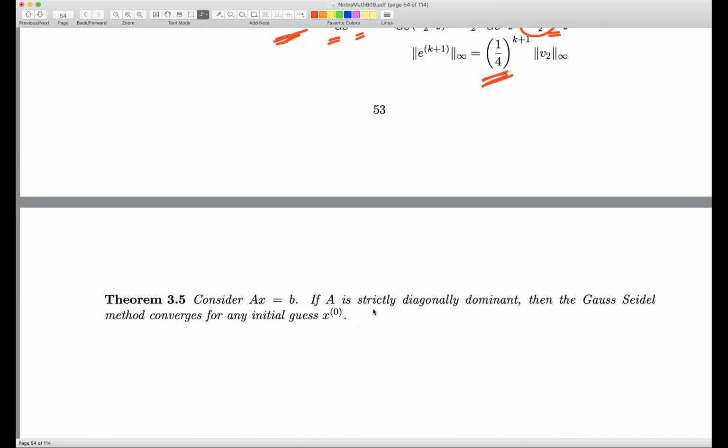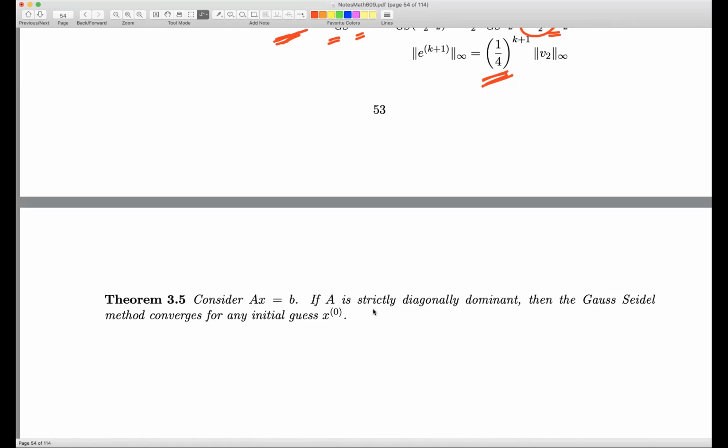We proved that using the particular form of the matrix Bj, and using the fact that if the original matrix is strictly diagonally dominant, then the infinity norm of this matrix is less than 1.